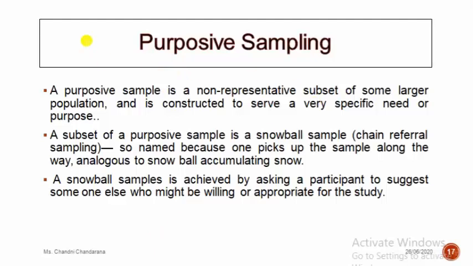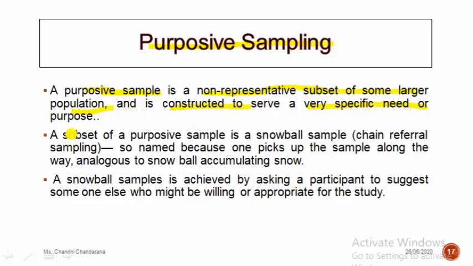Now the next is purposive sampling, and another name for it is snowball sampling. So what is this technique? Purposive means whatever study we are going to perform has a specific purpose, and a purposive sample is non-representative of some larger population and is constructed to solve a very specific need, or you can say the purpose.